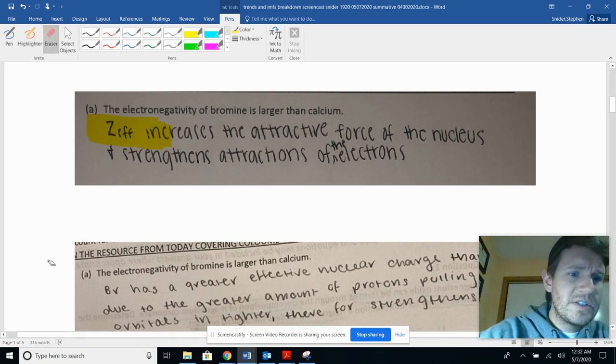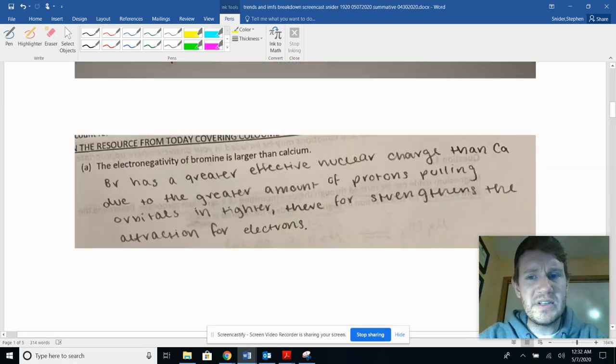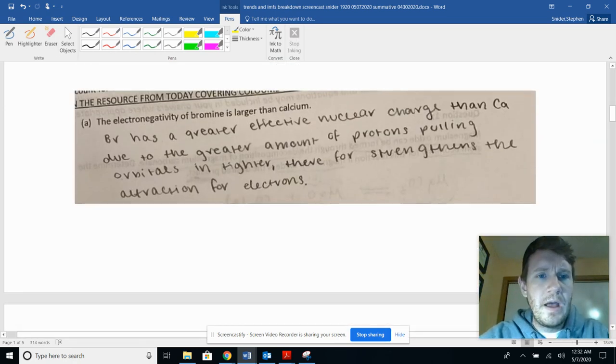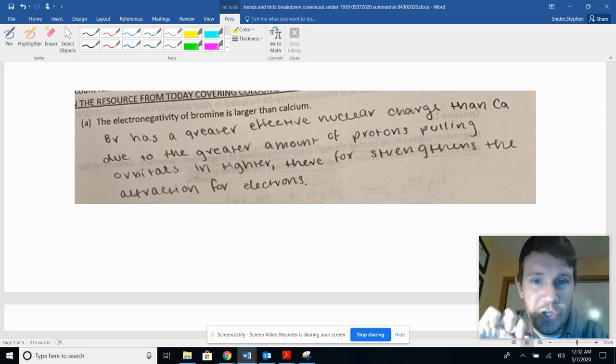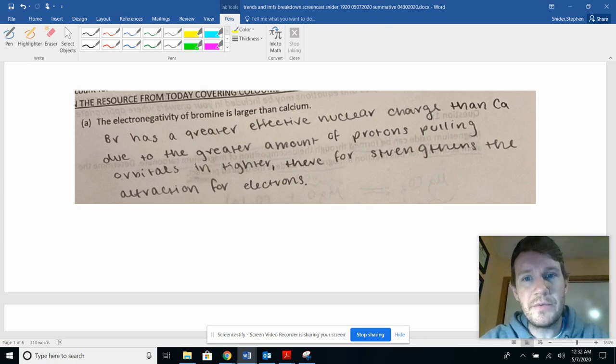Let's talk about this next student response. Bromine has a greater effective nuclear charge than calcium due to the greater amount of protons pulling orbitals in tighter. Okay, so far so good. Therefore, strengthening the attraction for electrons. That's not a bad response. That being said, I think what this answer is lacking is that, yes, you have a greater effective nuclear charge, and this matters because we were dealing with the exact same principal energy level, right?